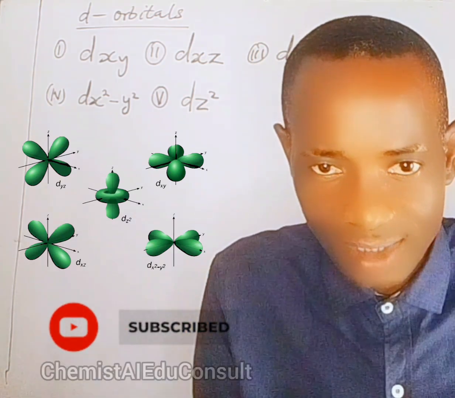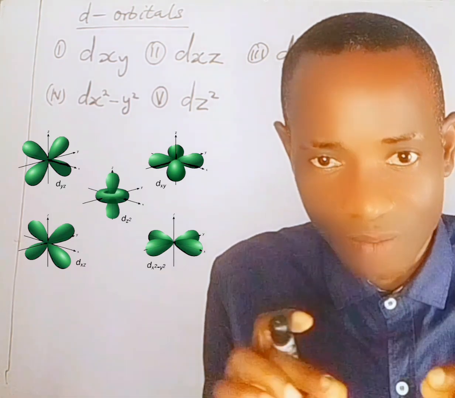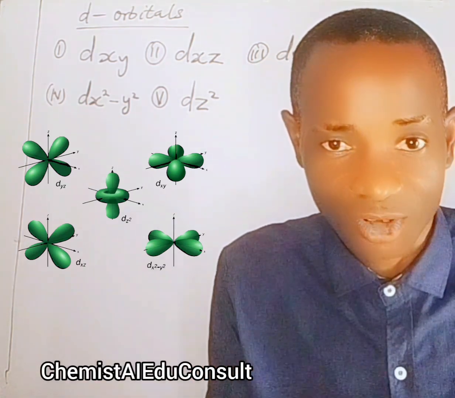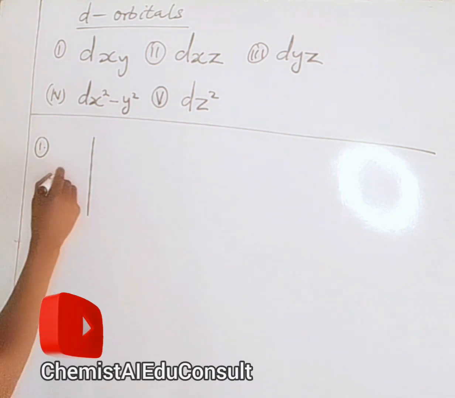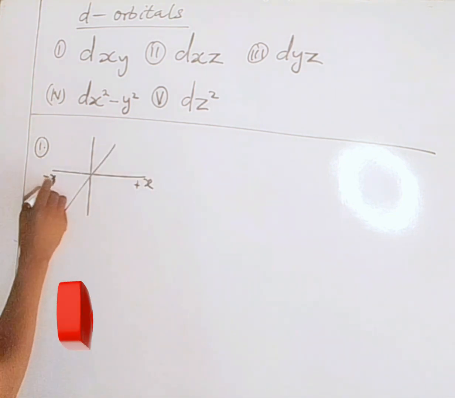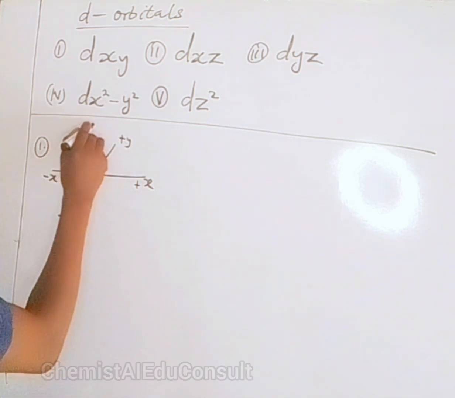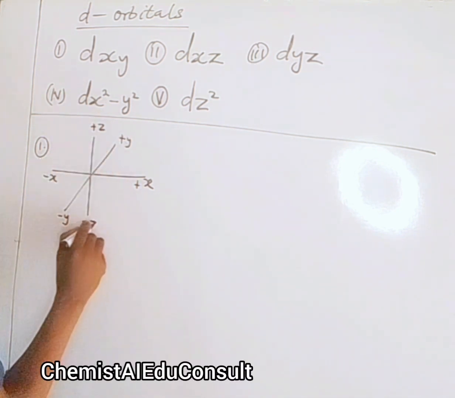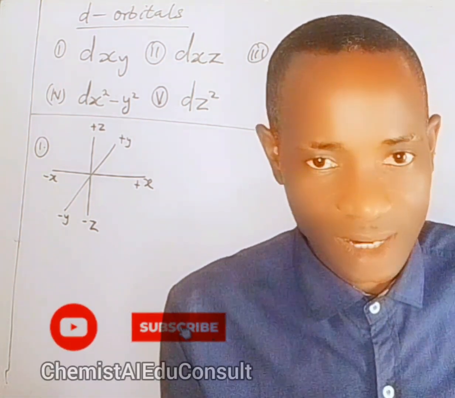But before we start drawing the shape of orbitals, we know we have to represent the 3 axes of the space. We first represent the 3 axes of the space. This is plus x-axis, this is minus x-axis, this is plus y-axis, and we have minus y-axis, plus z, minus z. Again, let me remind you that the shape of d orbital is double dumbbell.